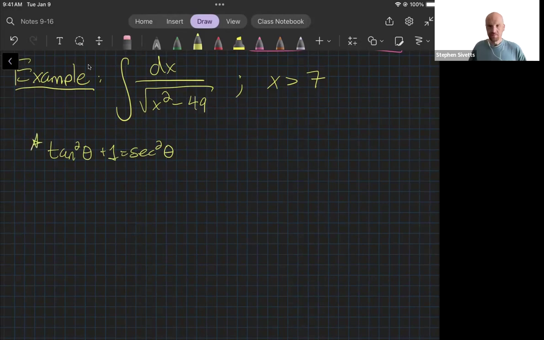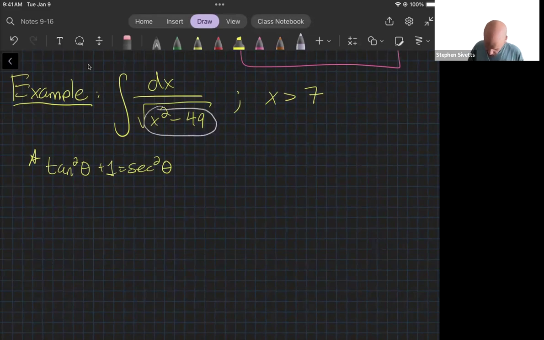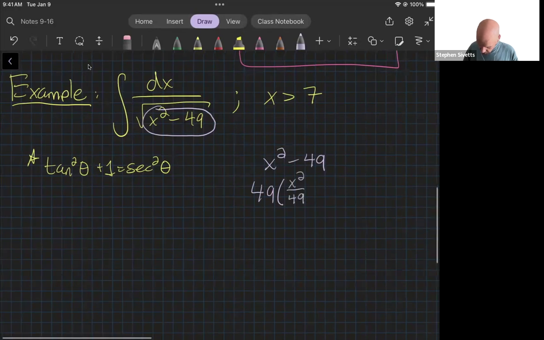Okay? So if you notice, we want to look at the quantity inside our square root. So we want to look at the quantity x squared minus 49, right? That in itself, we can factor out a 49 from each of these terms, and I'll get x squared over 49 minus 1, right?